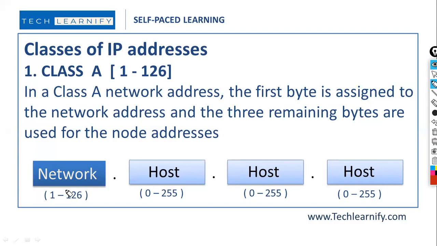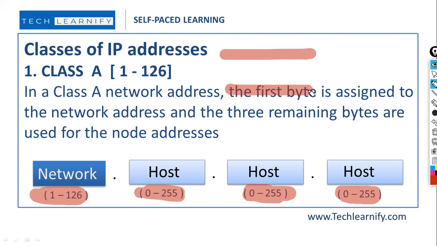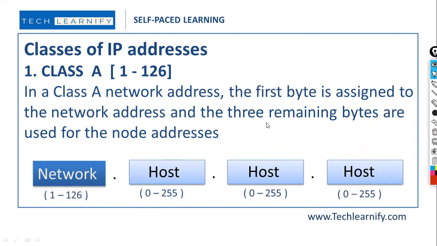Anyway, so first the network portion is 1 to 126, and if you look at the host portion, any value between 0 to 255, but all zeros and all ones in binary, meaning 0 everywhere or 255 everywhere, is not allowed. So these two IPs are not allowed, right?